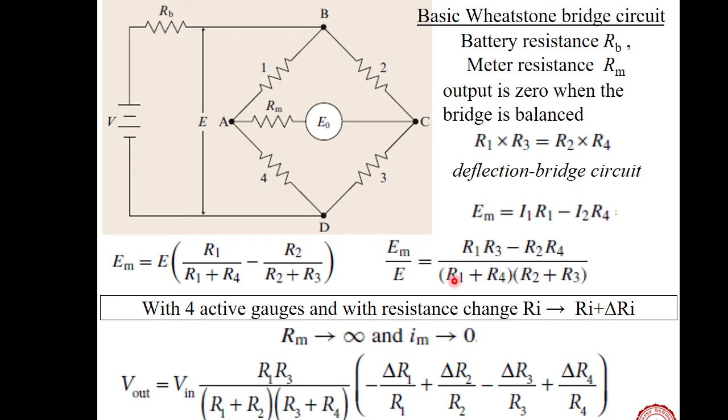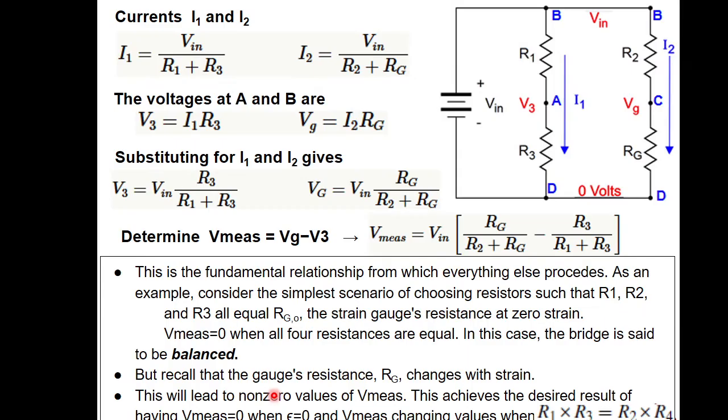And then in that particular equation, ideally once again we consider this Rm is tending to infinity and this current is tending to 0, that is what will happen here. And in such a case, this V out and V in relation is this one here.